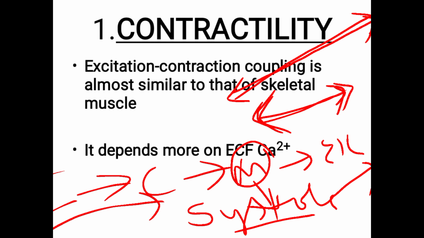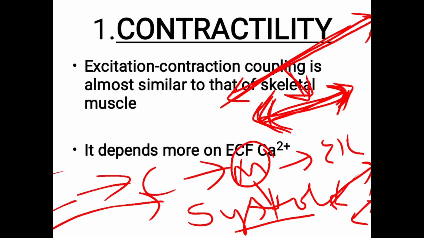After you remove it, it will come back to its original position. Same like that, when your muscle gets stimulation, contraction of the muscle takes place. After that, if you remove the stimulation, relaxation takes place, coming back to its original position. So that is contraction and relaxation, systole and diastole.